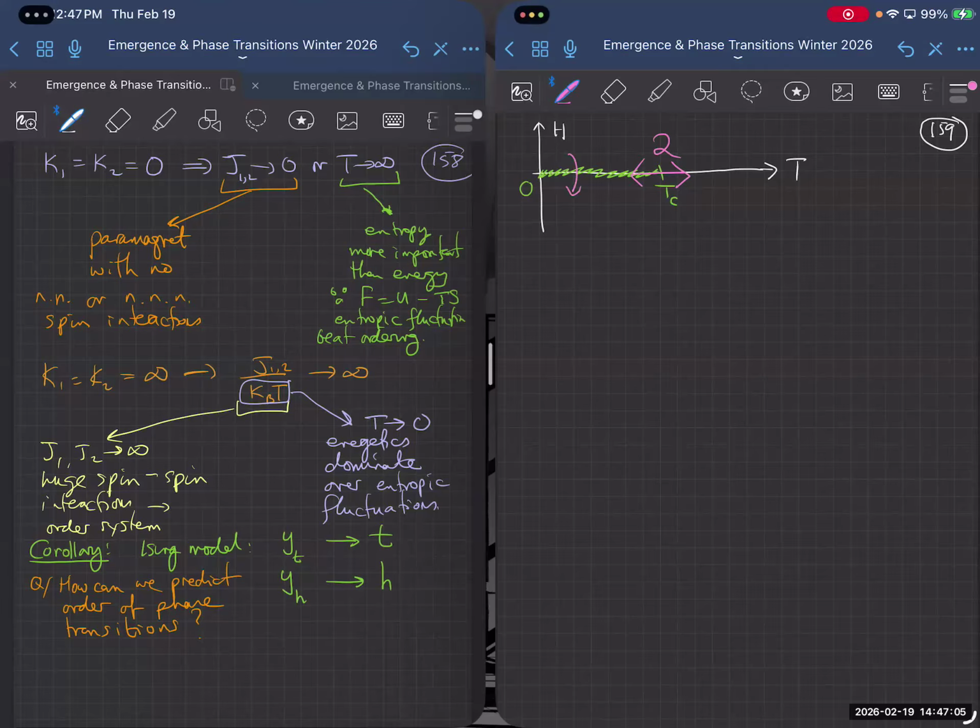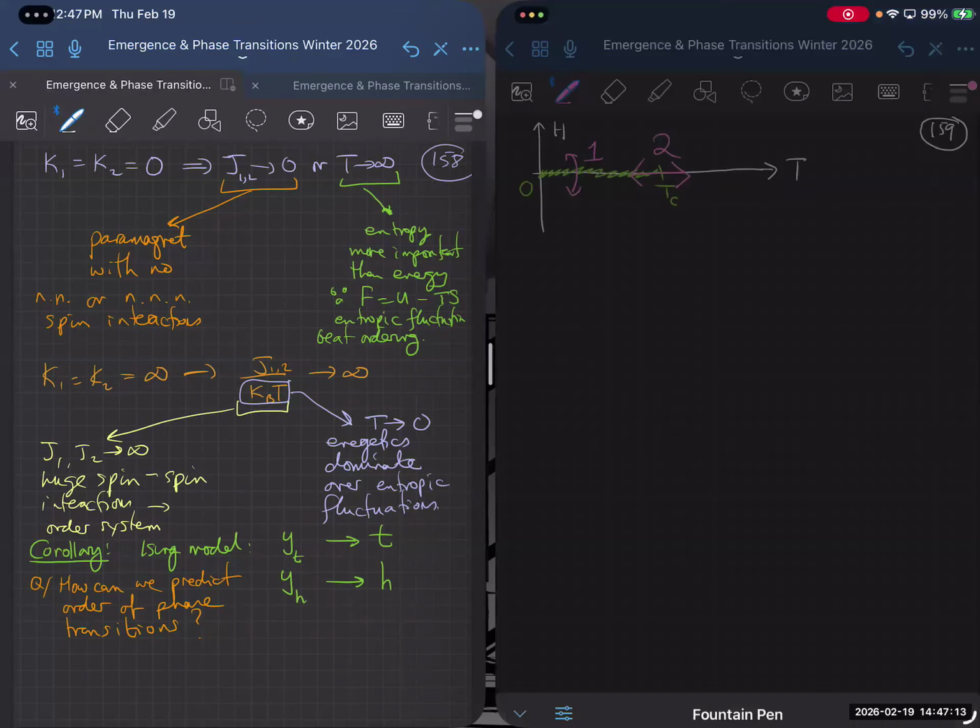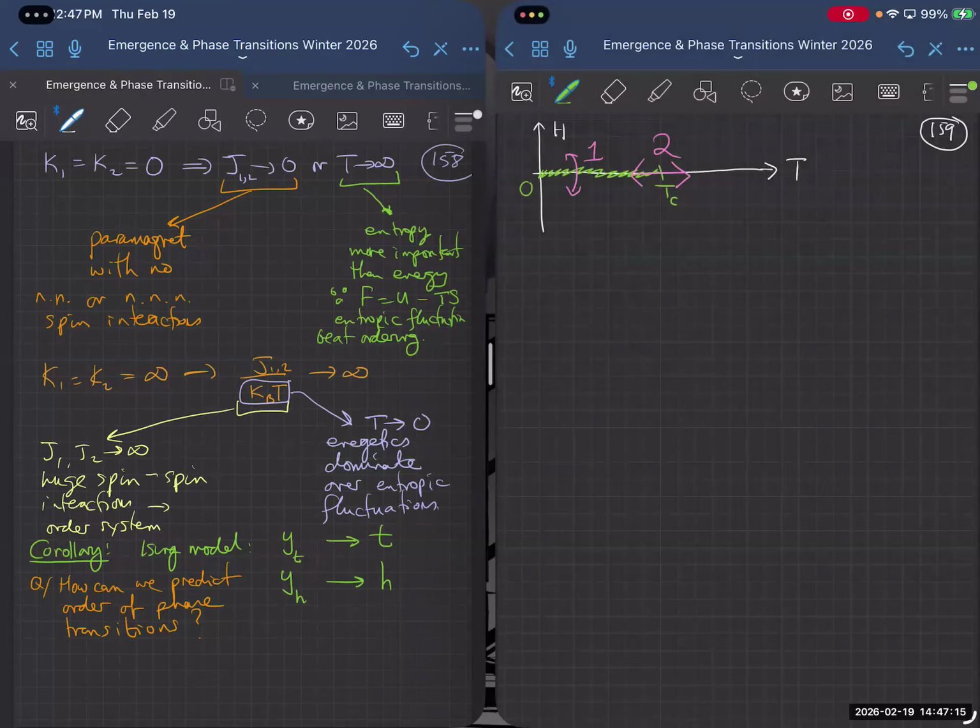And this transition going across here is a first order phase transition. So at this fixed point over here, we have to tune H equal to 0 and T equal to TC. That therefore implies two relevant variables, which is correct.